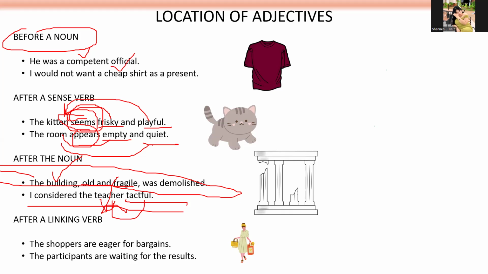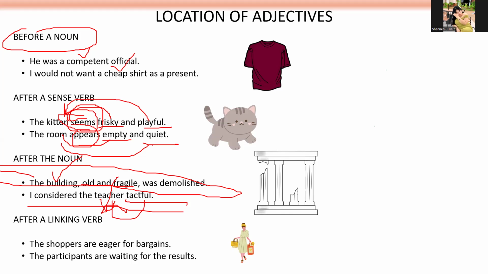Basketball player, young and competent. Okay? I know the third rule is not as easy as it seems, but still, if you want to show more versatility and competence in your sentence structure, you can apply this rule.